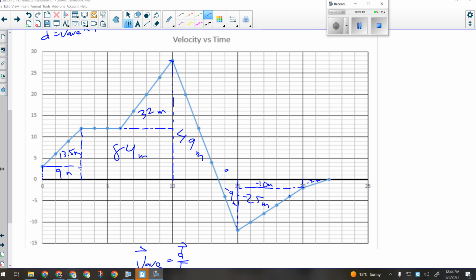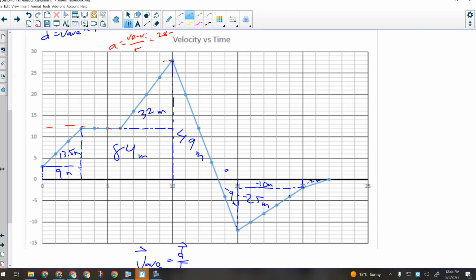Okay, let's have a look at the next one, which is the acceleration between 6 and 10 seconds. Right, so if I'm looking to calculate acceleration again, I'm using this formula, VF minus VI over T. At time 10 seconds, we have a velocity of 28. That one I misread earlier. And then we have an initial velocity of 12. That happens here at 6 seconds.